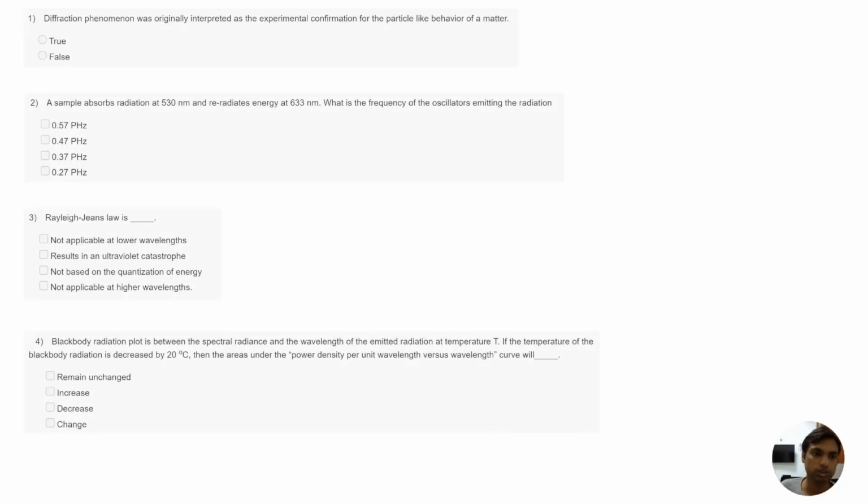Let us do this question. The diffraction phenomena was originally interpreted as the experimental confirmation for the particle-like behavior of matter. So this statement is wrong. When Newton gave the corpuscular theory, later people found that light exhibits interference and diffraction.